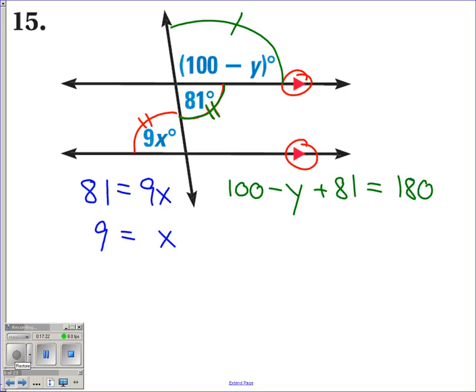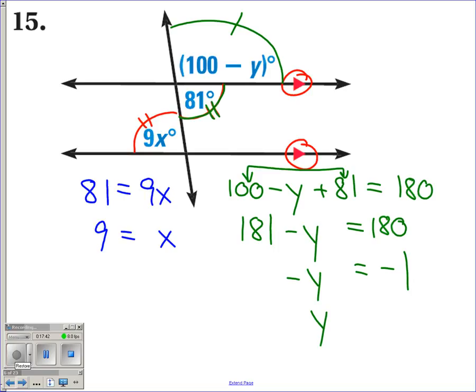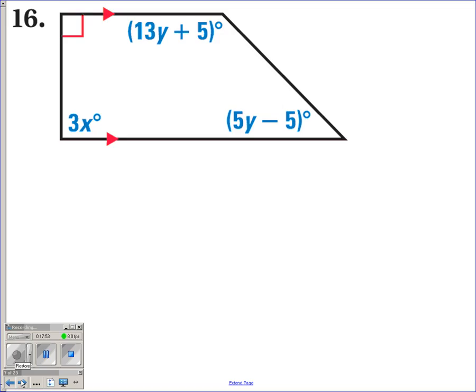Now, combining like terms, that's the 100 and the 81. That's 181 minus y is equal to 180. Subtract 181 from both sides. That's going to be negative y is equal to negative 1. Then multiply both sides by negative 1. y is equal to 1. So we have our value for x. We have our value for y.